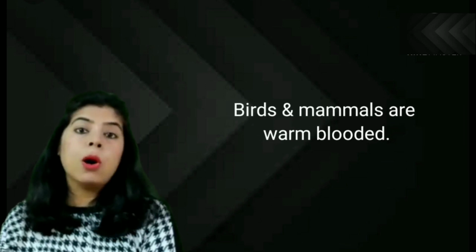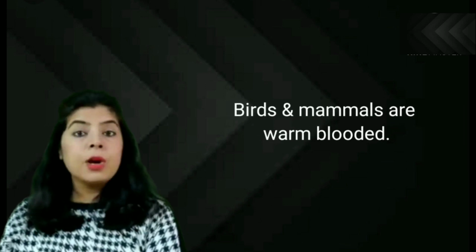But the birds and mammals are strictly warm-blooded, that is, they maintain a constant body temperature irrespective of whatever temperature is there in the environment. For this, they require a lot of energy. They cannot waste the energy when the blood has mixed. The body requires a concentrated and dedicated supply of oxygen to the tissues, which is possible when the mixing of blood is not taking place in the heart.